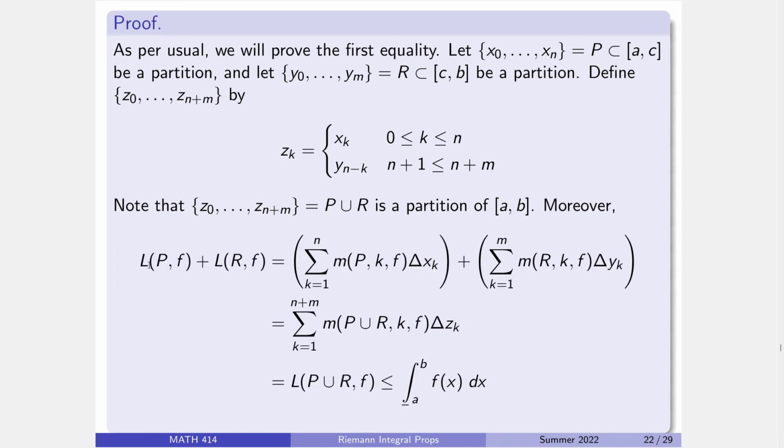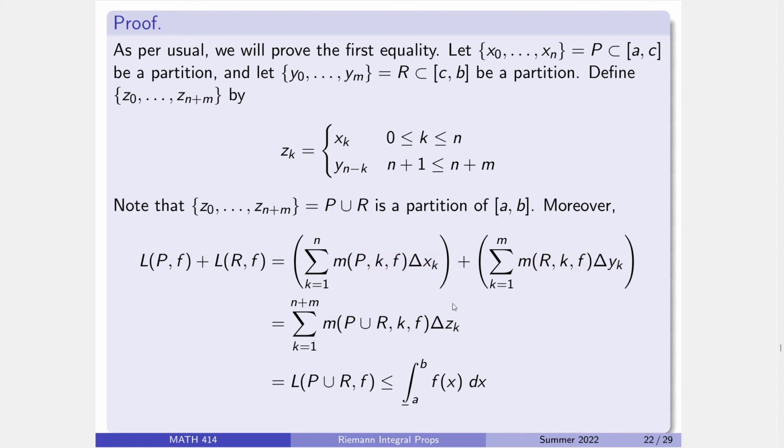If I look at the lower Darboux sum of the function f on the partition P, and the lower Darboux sum of f on the partition R, I can just glue these two together, and I'll get the lower Darboux sum on P union R. The first k terms are the things for x sub k, and then the rest are the ones for y, and that's how z was created.